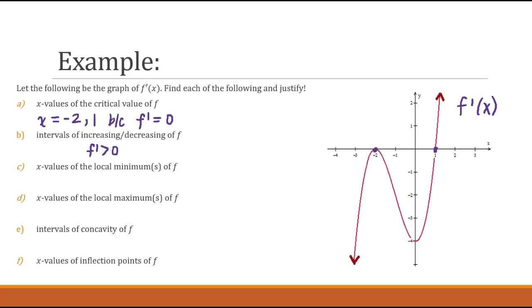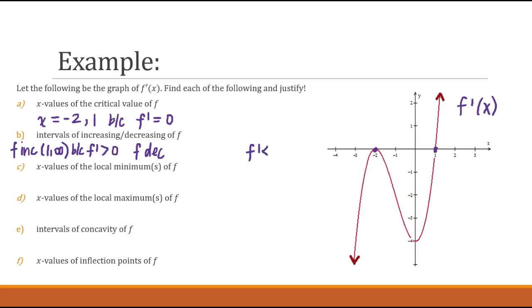So this f prime is above the x-axis from 1 to infinity. So we're going to go ahead and write that f is increasing from 1 to infinity because f prime is greater than 0.